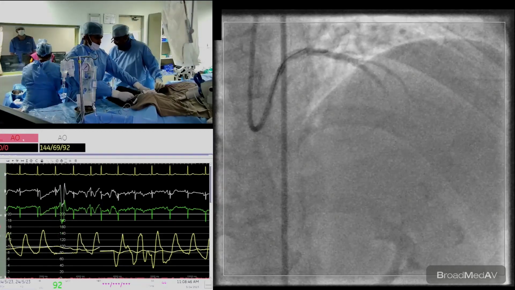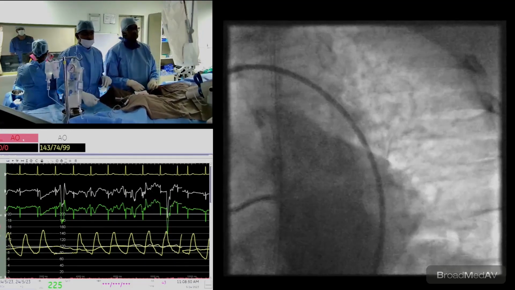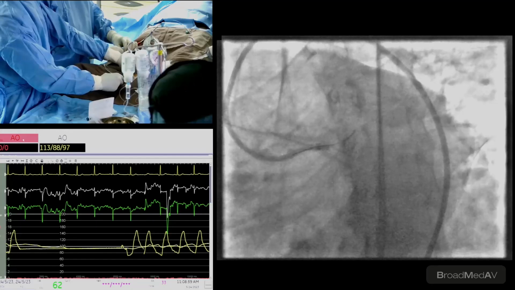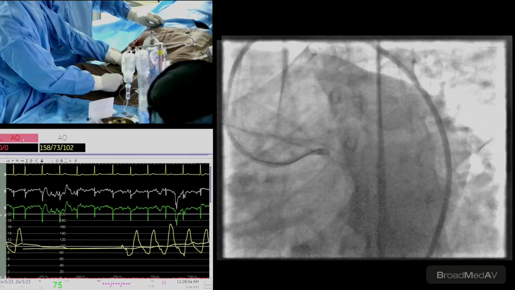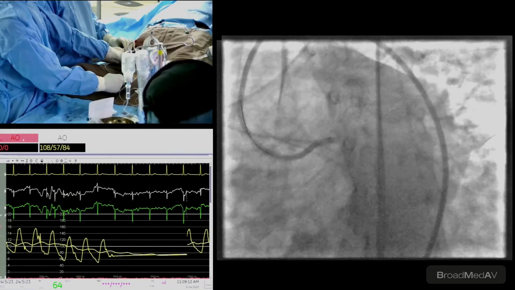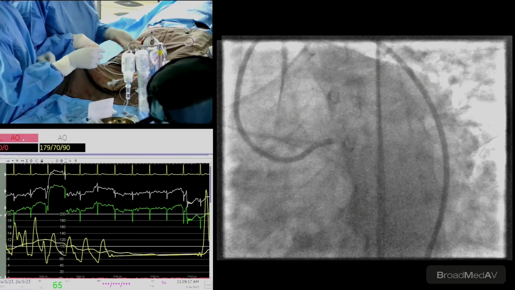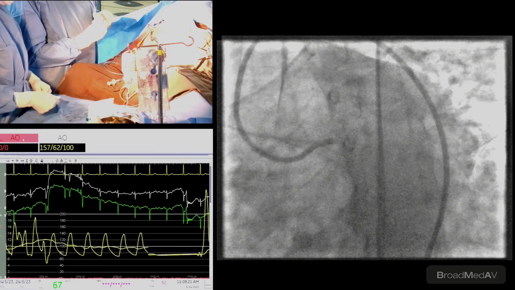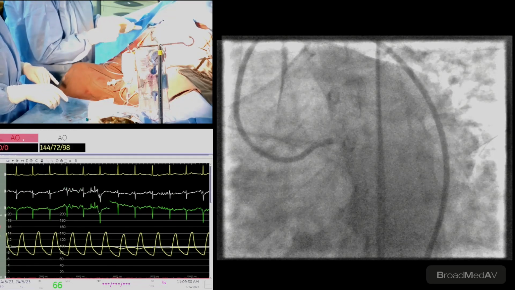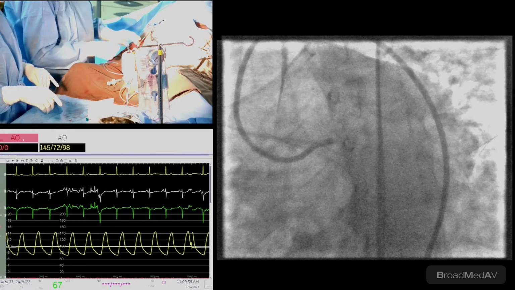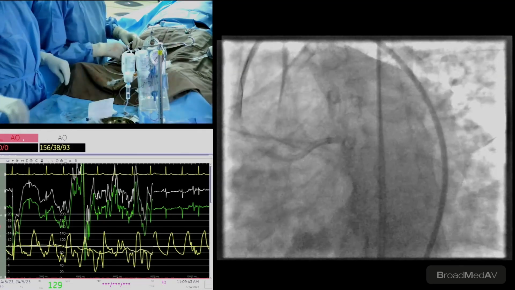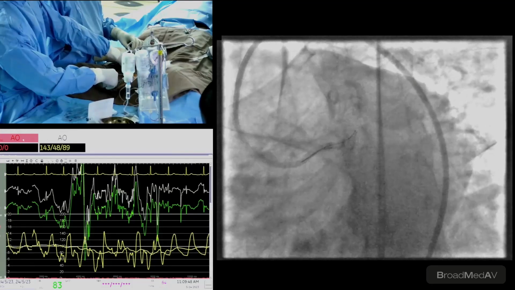Go to the LAO caudal. Sharp curve. So we've done the POT, we've done the bifurcation kissing, and now I just want to take a shot and possibly an OCT.